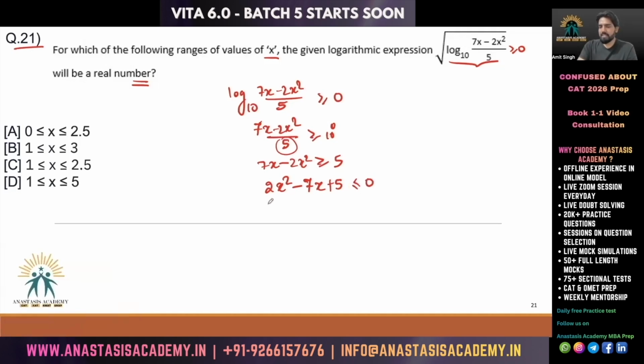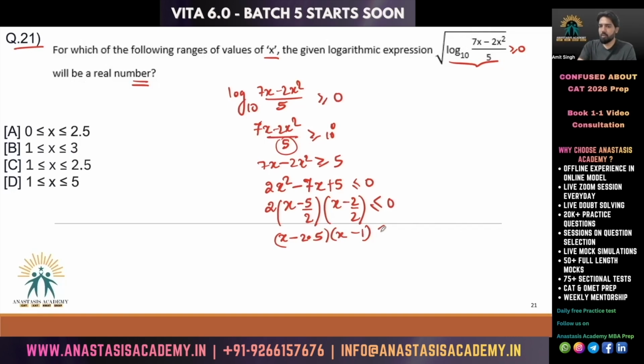So I can factorize this quadratic as 2 times x. I need to break 10 into two numbers, so it would be minus 5 minus 2. So 2 times (x minus 5 by 2) and (x minus 2 by 2) has to be less than or equal to 0. I can write it as (x minus 2.5) into (x minus 1).